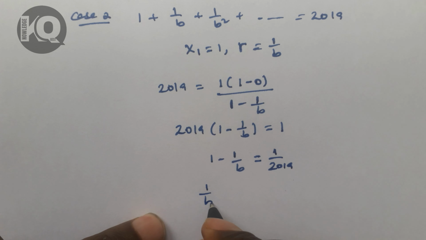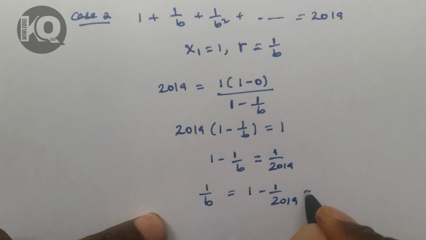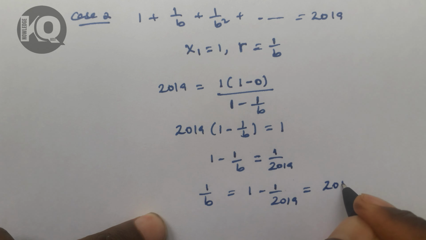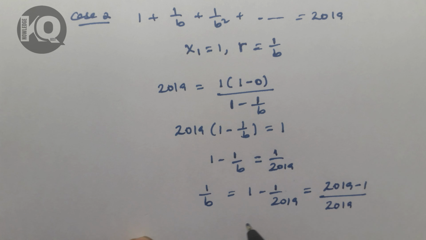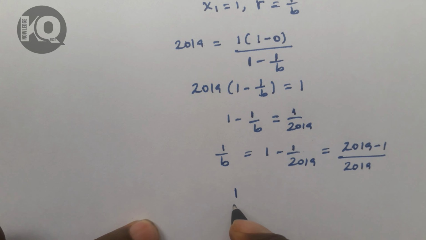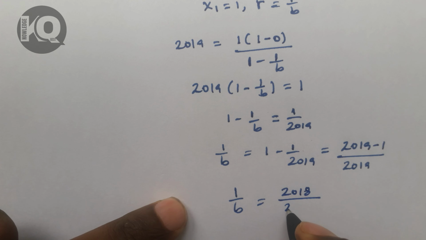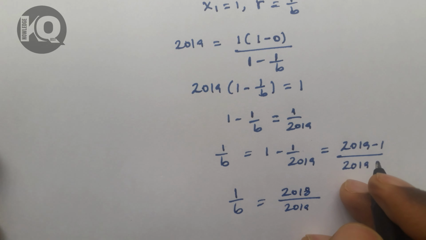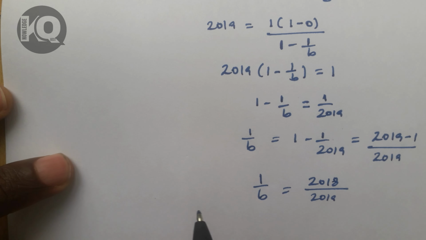From here 1 over b will be 1 minus 1 over 2019, which is equal to 2018 over 2019. So finally we have the value of 1 over b, which is 2018 over 2019.